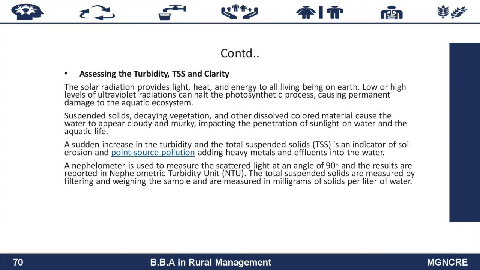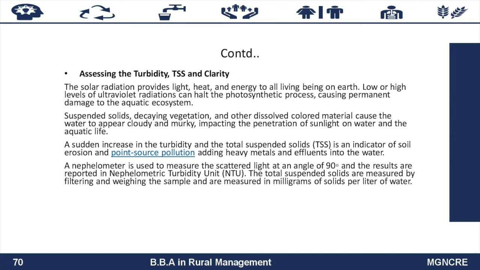A nephelometer is used to measure the scattered light at an angle of 90 degrees, and the results are reported in nephelometric turbidity units. The total suspended solids are measured by filtering and weighing the sample and are measured in milligrams of solids per liter of water.